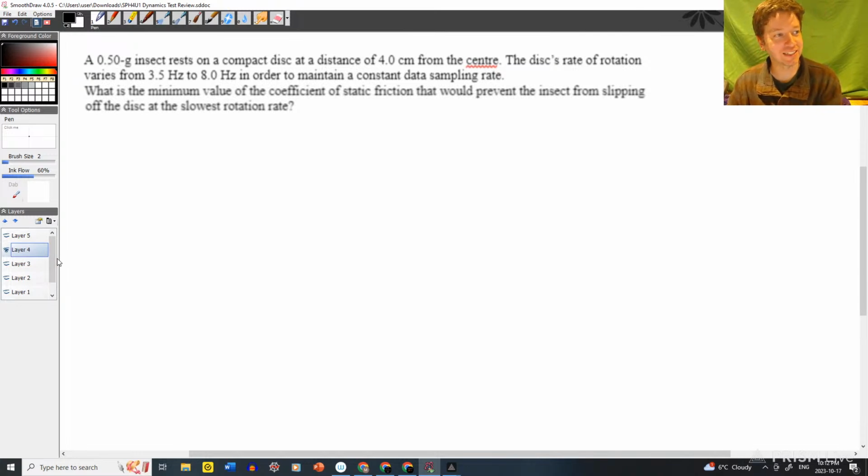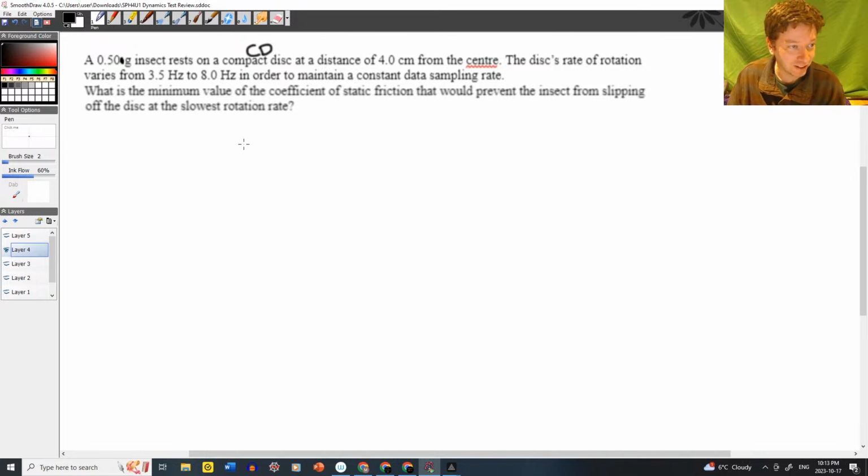I love this question. Here we have a 50 gram, don't worry about the dash. Not 50 grams, a 0.5 gram insect rests on a compact disc. That's a CD. A CD is like a DVD. Feel old now. At a distance of 4 centimeters from the center.